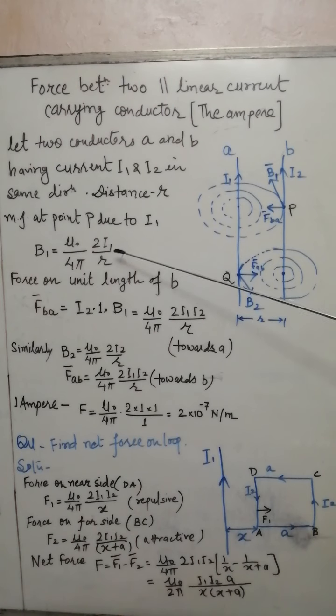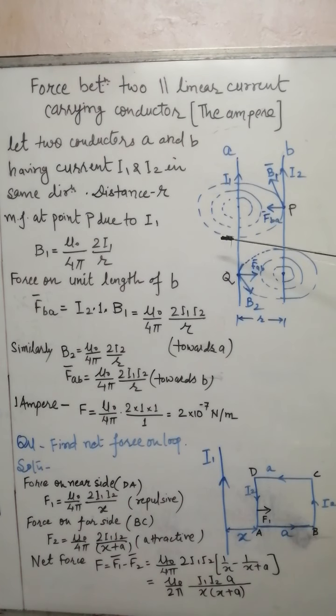So this is the magnetic field at point P due to current I1 in conductor A. Now the conductor B will experience a force due to this magnetic field, and that force will be F is equal to ILB, as we have seen in the first part.